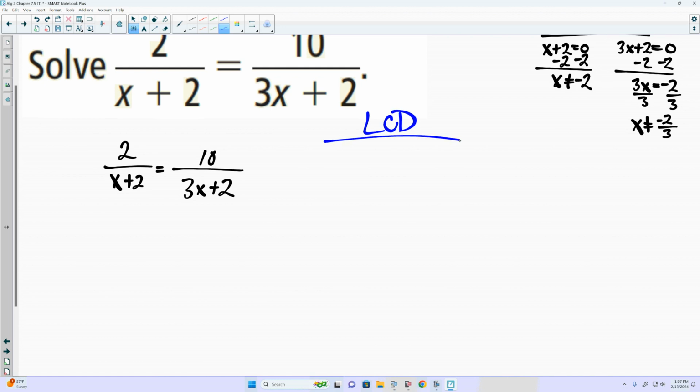Least common denominator. Well, x plus 2 and 3x plus 2 are simplified. There's no greatest common factor. No way we can reduce it. So for this here, the least common denominator would be, and we're going to multiply each of these terms by it.